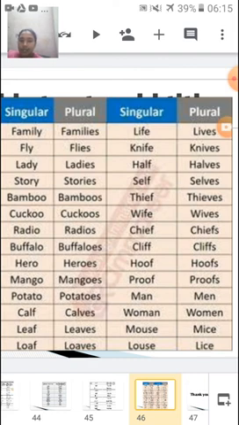Leaf, leaves. Loaf, loaves. Life, lives. Knife, knives. Half, halves. Shelf, shelves. Thief, thieves. Wife, wives. Chief, chiefs.